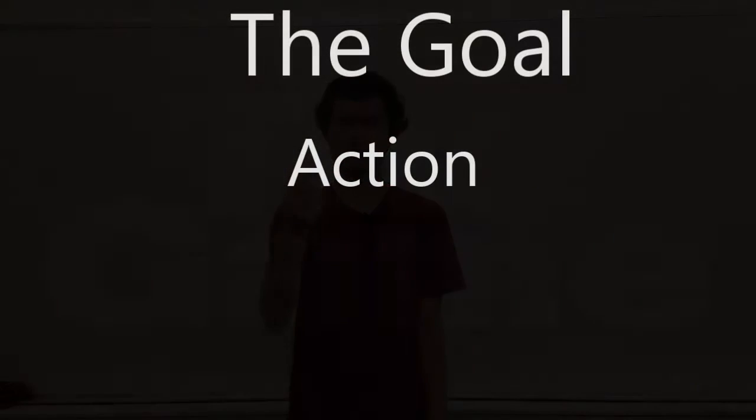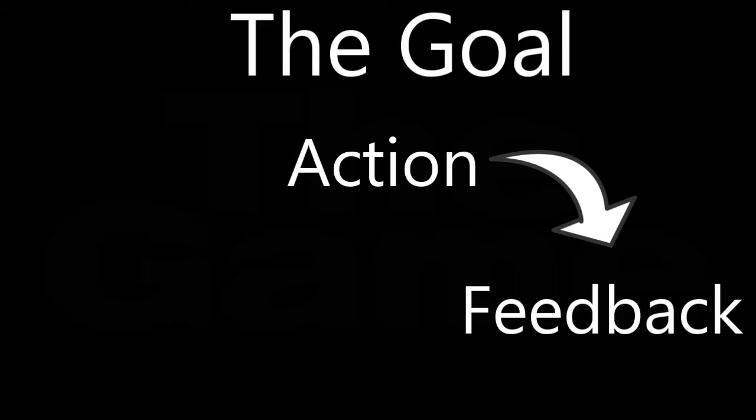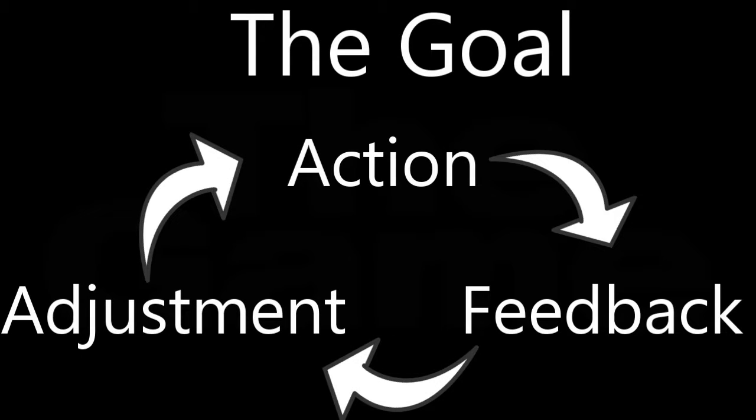So once we begin to take action, 2 very beautiful things begin to happen. First, the subconscious mind begins to receive feedback and process that feedback. And the next thing that happens is, according to that feedback that it receives, it adjusts the course of forward action. So we begin with a goal, we begin taking action, and then simultaneous to that action, the subconscious receives feedback, processes the feedback, and naturally, automatically adjusts the course of forward action.